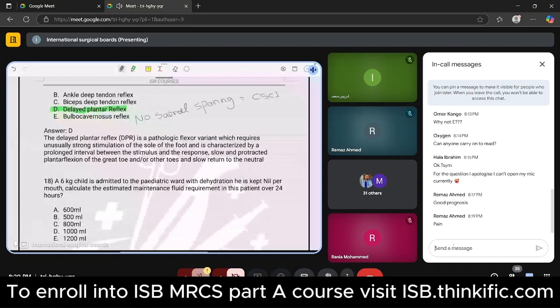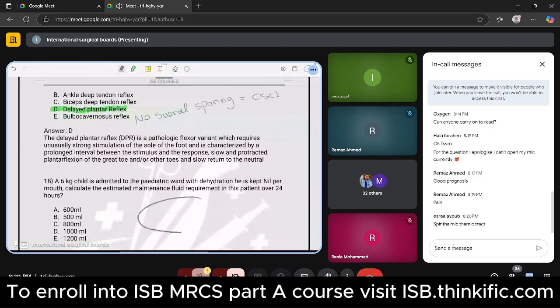So what Dr. Rimaz said, this is the spinal cord, these are the dorsal horns, ventral horns, right? This tract is the lateral spinothalamic tract, which is carrying pain and temperature sensation here and here, laterally.